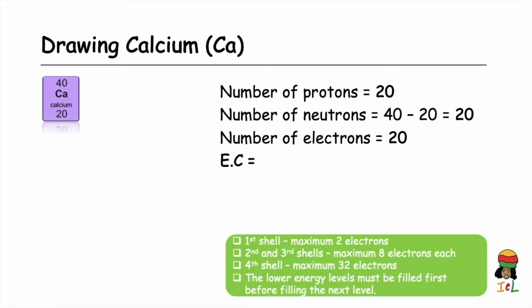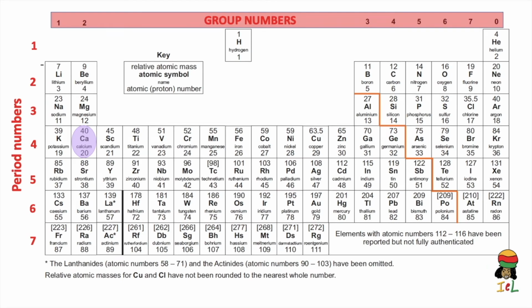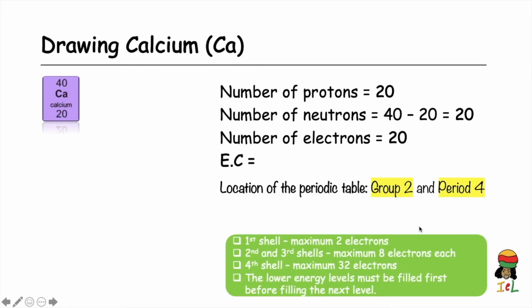We will take a different approach to drawing the atom of calcium, however, using the same electron arrangement rules. We will start by locating calcium in the periodic table. Calcium, as you can see, is located in group 2 and period 4. Once we know the location of calcium on the periodic table, we can now go ahead and draw the atom.